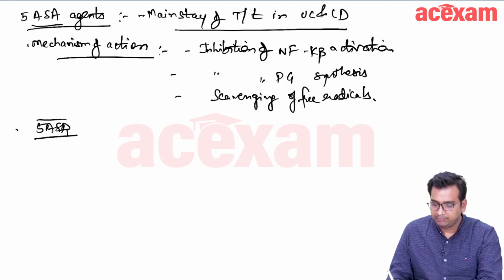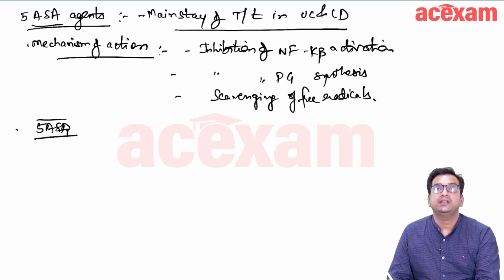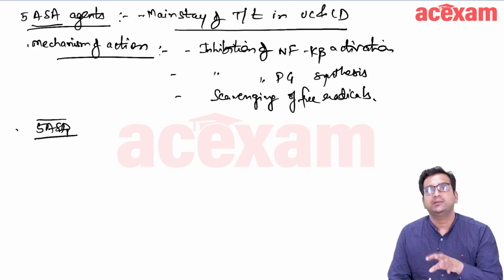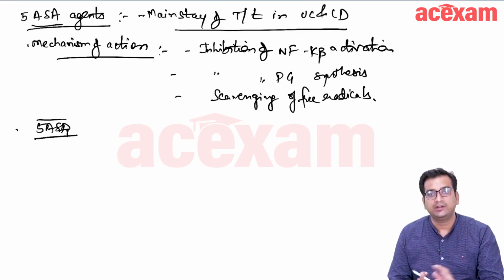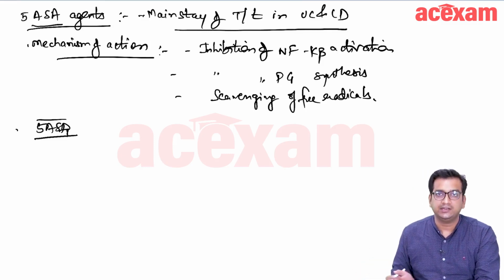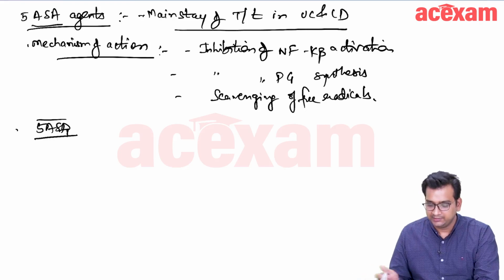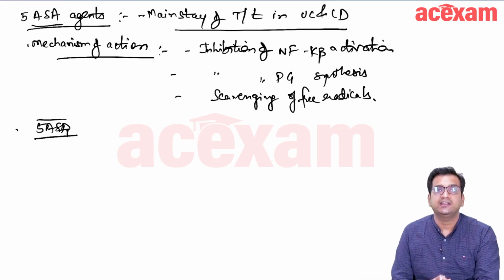Now we are giving 5 ASA. There is a problem with 5 ASA: up to 80 to 90% of it gets absorbed in the small intestine, the proximal small intestine, but the majority of ulcerative colitis and Crohn's disease is present in the distal small intestine or in the colon and rectum. So if we are giving 5 ASA alone, then our drug is not reaching the required place. That is why we are combining it with a carrier which helps in delivering the 5 ASA moiety to the distal small intestine or the large intestine.